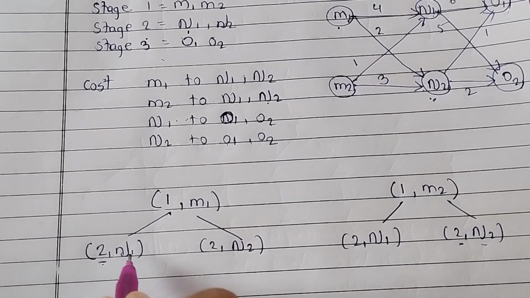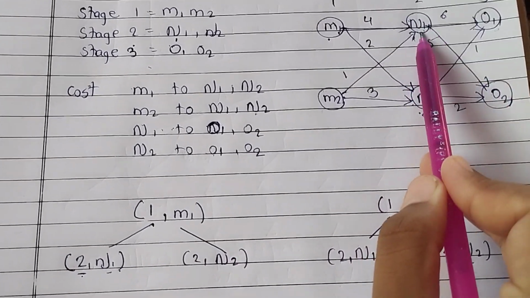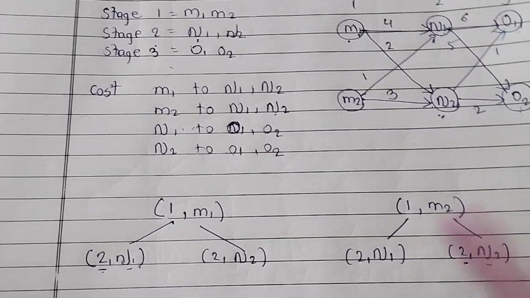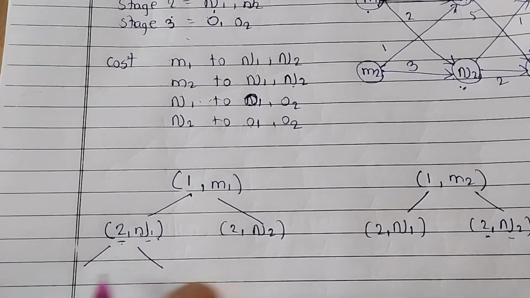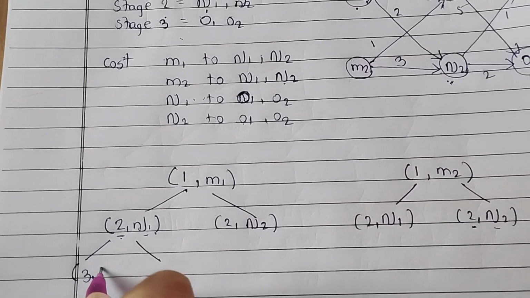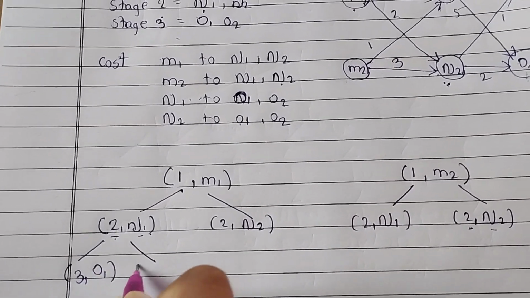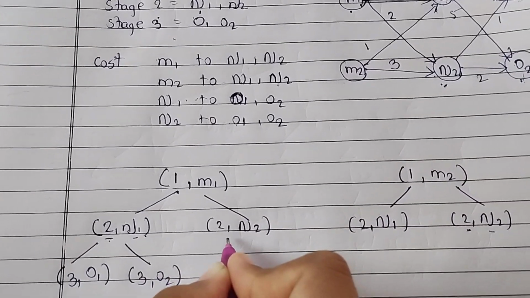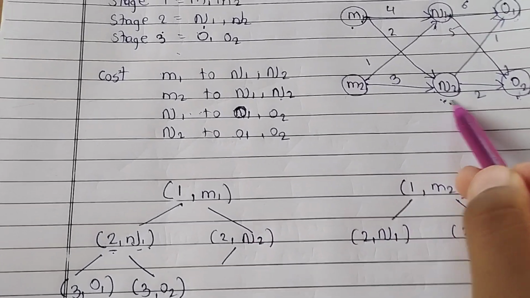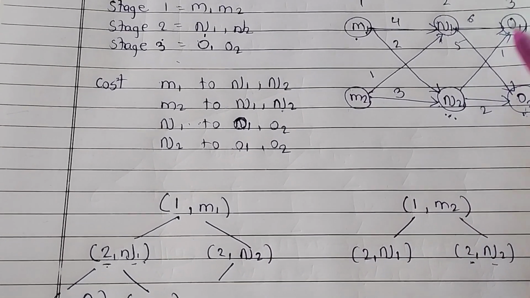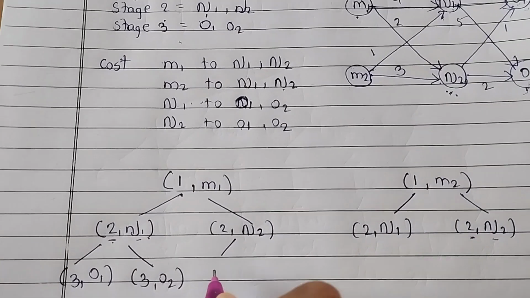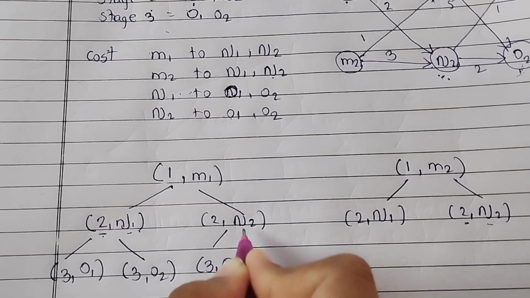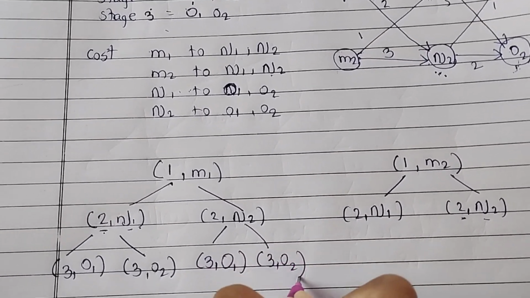Now again this N1 in the second stage is divided into O1 and O2, which are present in the third stage. So again we divide this. In the third stage, it reaches first O1 and then O2. Again here the same: N2 reaches third stage O1 and third stage O2.